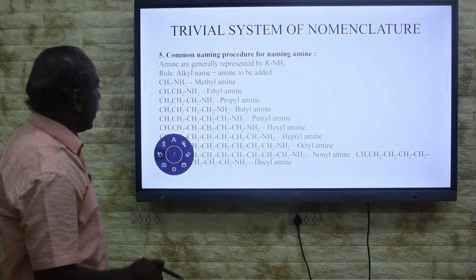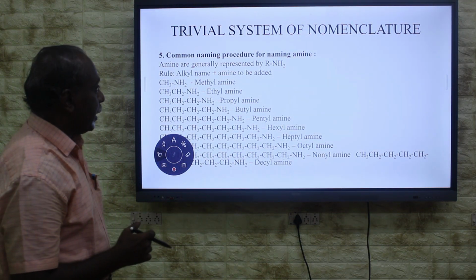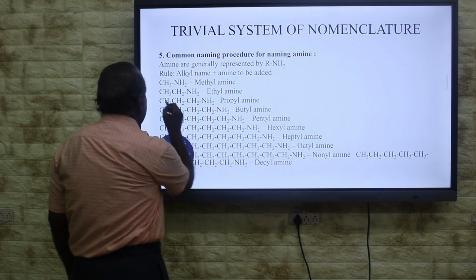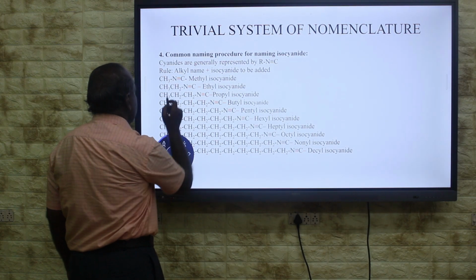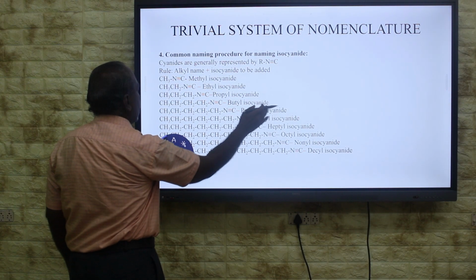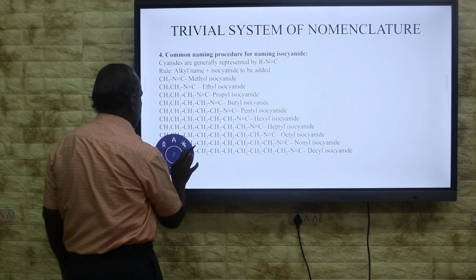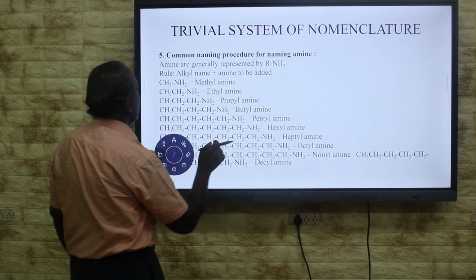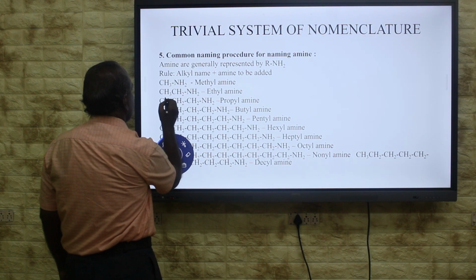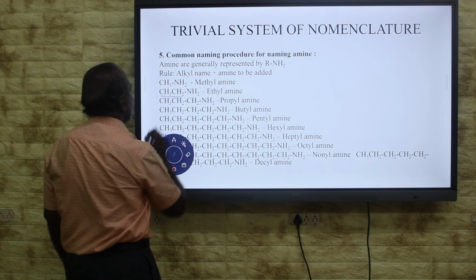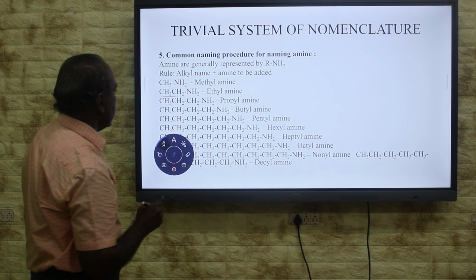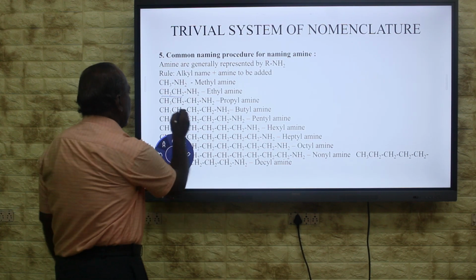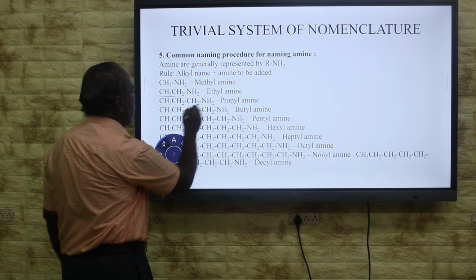Then amine. In a similar manner, we can write the trivial name for amine compounds. For example, here it is the alkyl group. Here, the alkyl is ethyl group. It is connected with amine, ethylamine. 3 carbons are present in the alkyl group, propylamine.